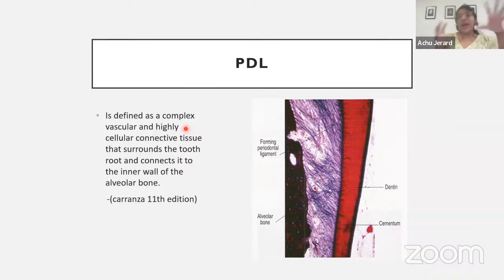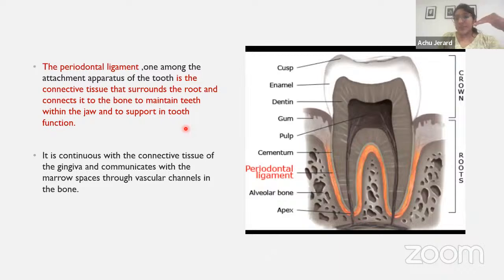PDL is a highly vascular and highly cellular connective tissue that surrounds the tooth root. Above, it is continuous coronally with the connective tissue of the gingiva, and below it is continuous with the apical vessels. Laterally, all around, you have connections from the fibers as well as the vessels coming from the alveolar bone connecting the periodontal ligament.